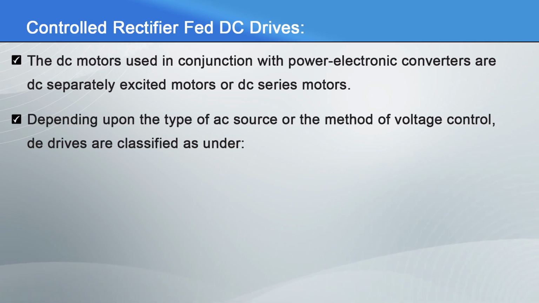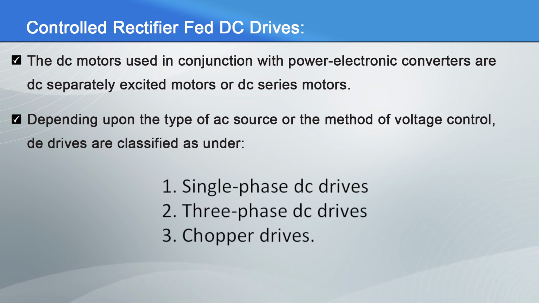Depending upon the type of AC source or the method of voltage control, DC drives are classified as follows. The first one is the single phase DC drive, the second one is the 3-phase DC drive, and the third one is the chopper drive. These drives can be full wave or half wave or semi converter drives.